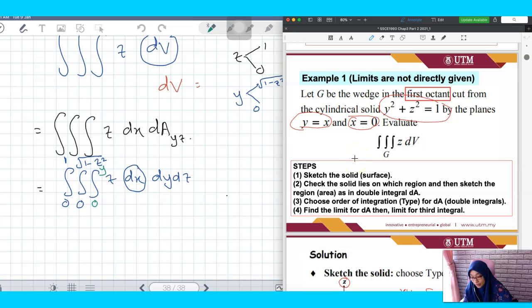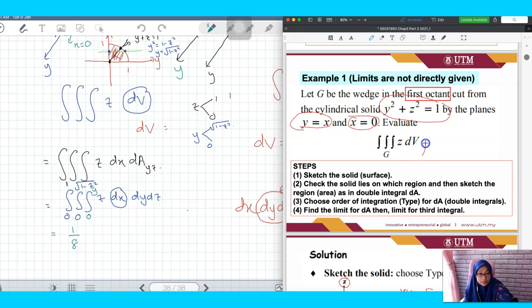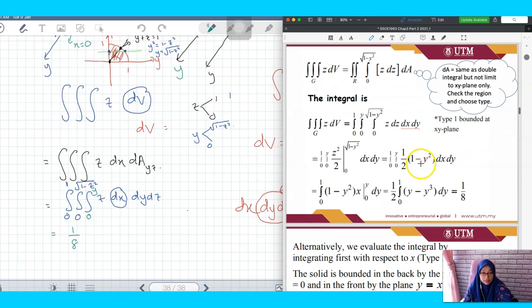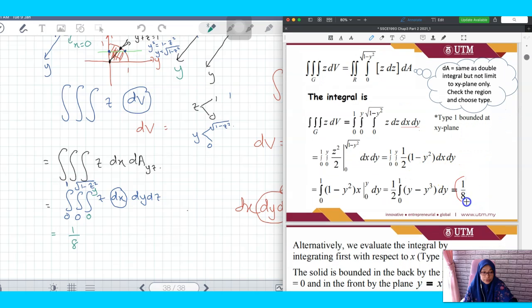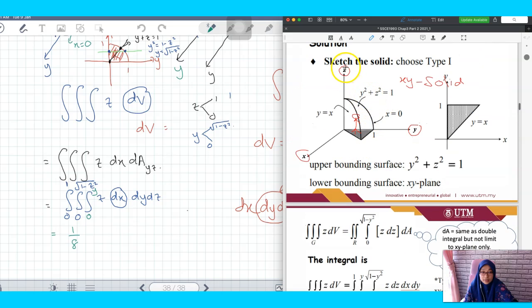When you evaluate that, I don't want to solve it step by step. I'm sure that you can do it. It's not so complicated, and you will obtain that the result of the triple integral using this order of integration is 1 over 8, where the answer should be the same as if you choose this kind of orientation, and this is what your region looks like.